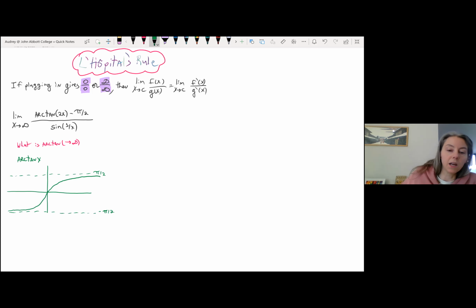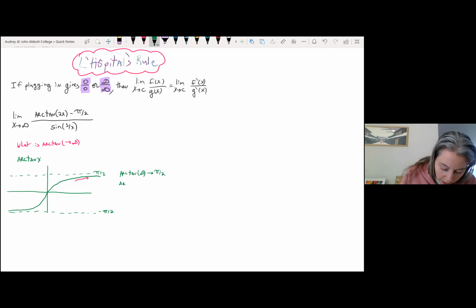So we can see here that as the values inside arctan are going to infinity, my x values are getting bigger and bigger and bigger, my y values are approaching that asymptote, and this is going to pi over 2.